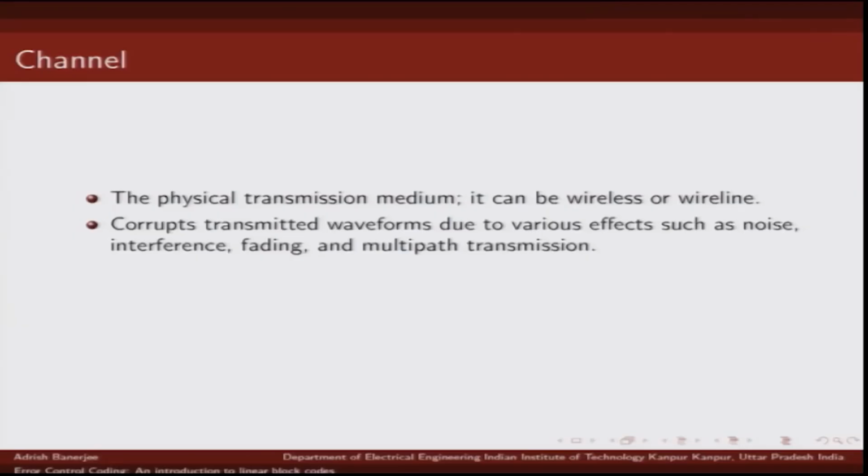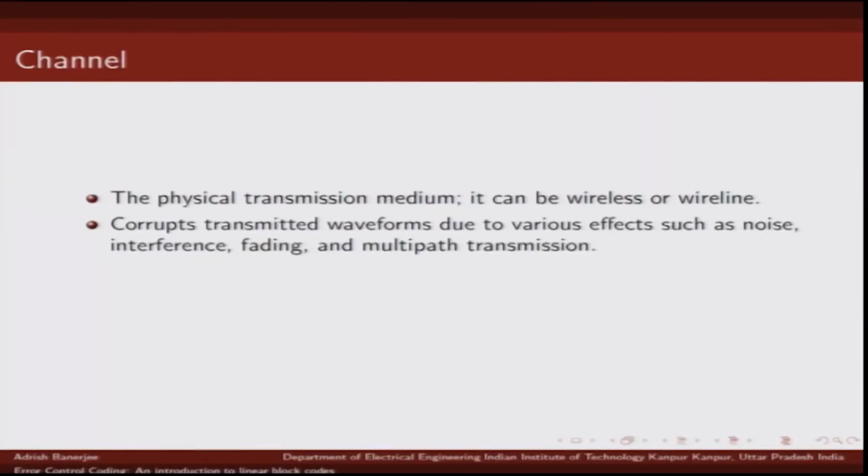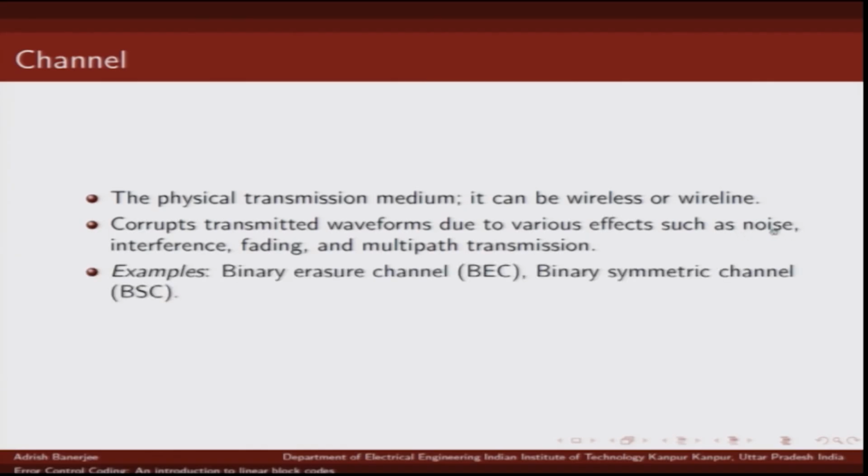Now, what effect does the channel have on the transmitted sequence? As we know, the channel corrupts the signal in multiple ways. For example, noise deteriorates the signal. Interference is because multiple signals clash with each other. Then there is fading: if you are, let us say, under some building, you may not get a very good signal.